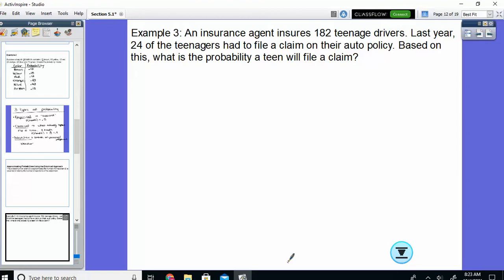Okay, so let's just practice some probabilities for the rest of the day. An insurance agent insures 182 teenage drivers. Last year, 24 of the teenagers had to file a claim on their auto policy. Based on this, what is the probability a teen will file a claim? So what would you do?